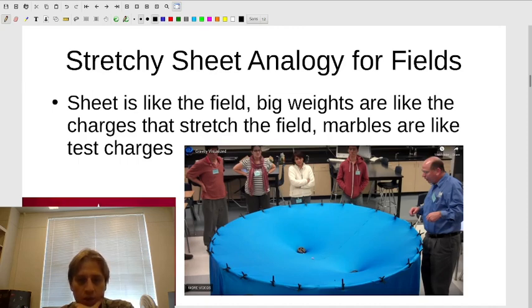Those marbles are experiencing forces that are due to the field at their position. So in this analogy, this stretchy sheet is like the field. The big weights are like the charges or the masses that stretch out the field, and the marbles are like the test charges. Now, of course, it's a little more complicated for the case of charges.